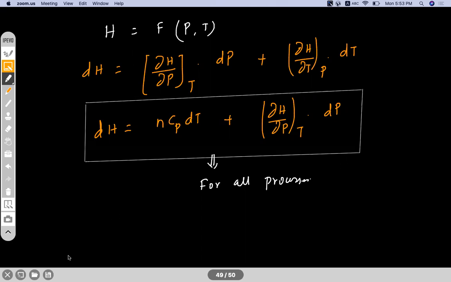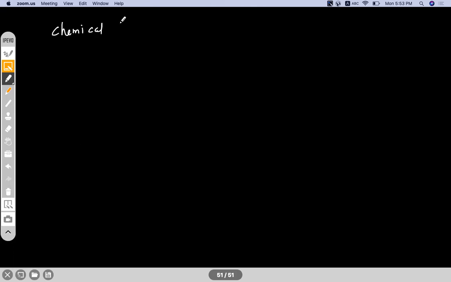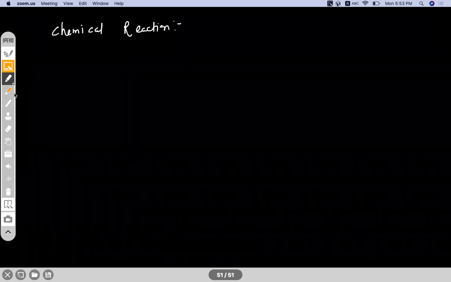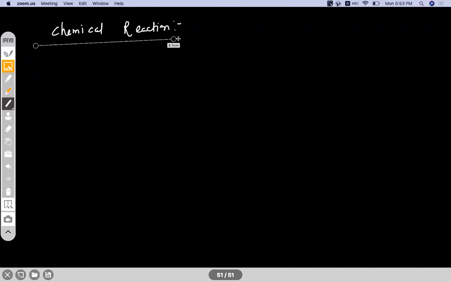Now in chemical reaction, how do we use this expression? You see this. In continuation, you write down for chemical reaction what happens. For chemical reaction, any chemical reaction, it takes place at constant pressure and temperature.